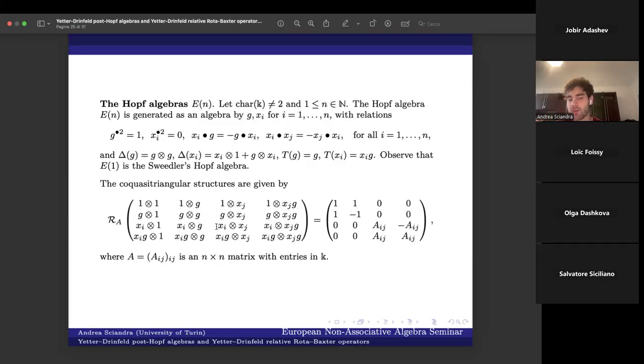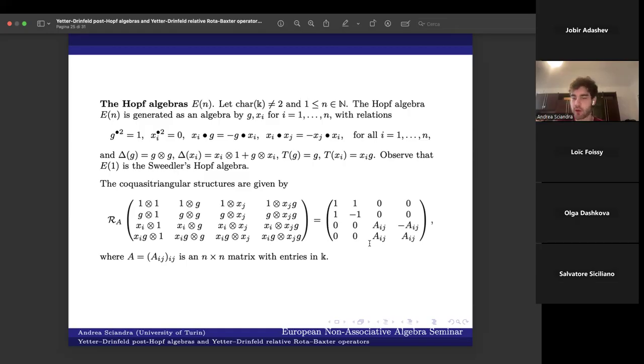But now we don't have just one X, we have n X's, and in fact we don't have just a scalar, one parameter, but we have a matrix A_ij. So R on X_i and X_j is given by A_ij, and similarly for the other one.